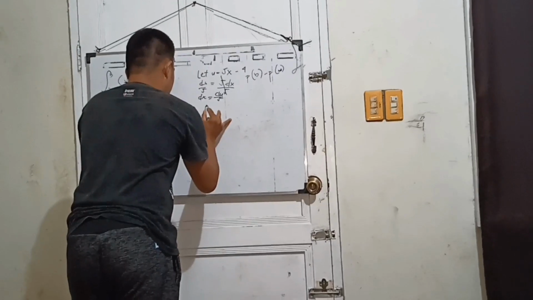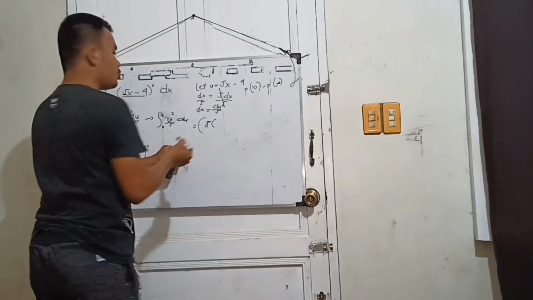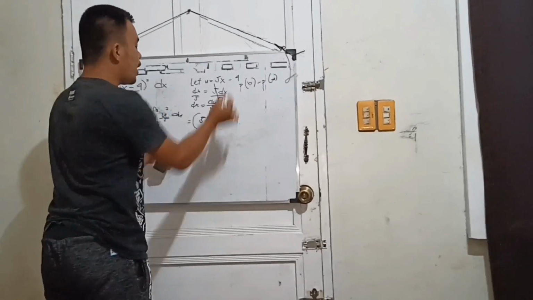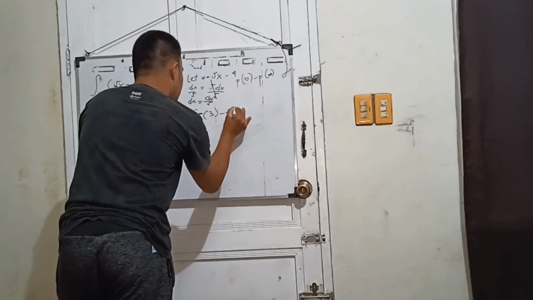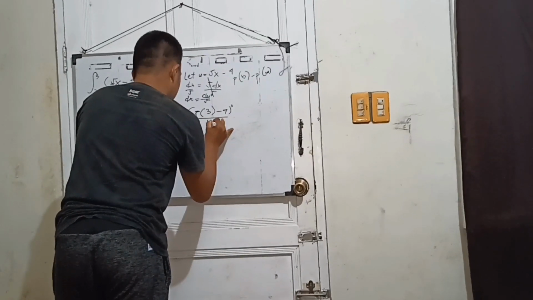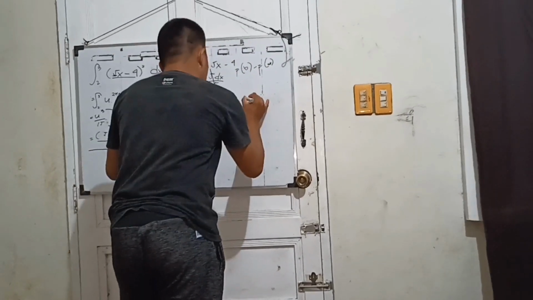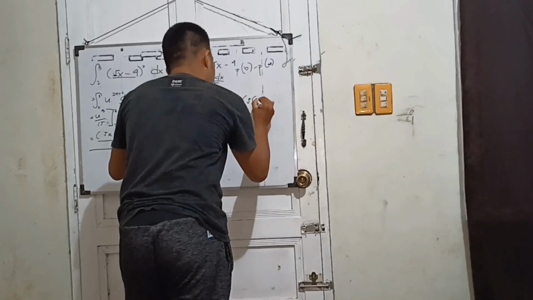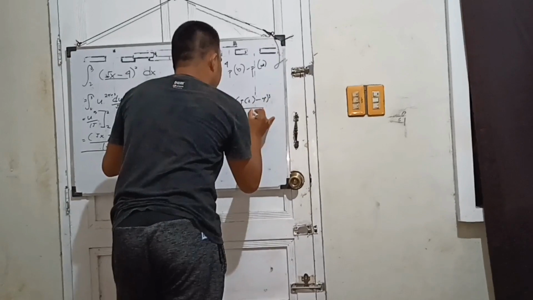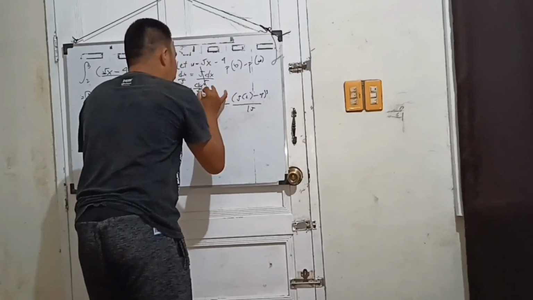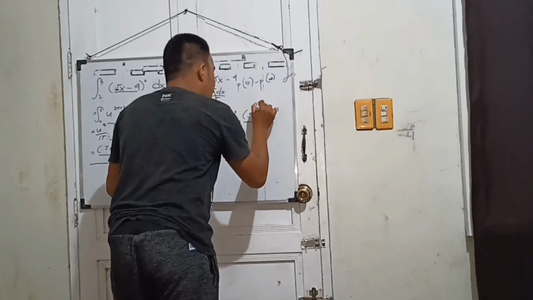We will proceed on solving it. The value of x which we will use is the upper limit, or the F of b: 5 times 3 minus 4, cubed, over 15, minus the F of a. The value for F of a is 2: 5 times 2 minus 4, cubed, over 15. This is the F of b, and this is the F of a.